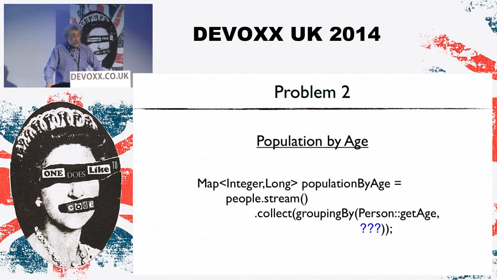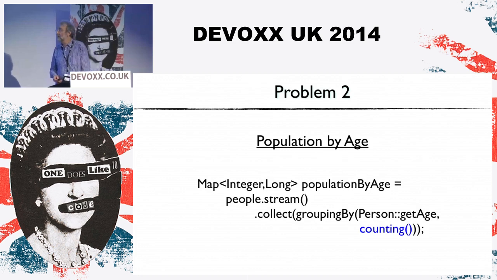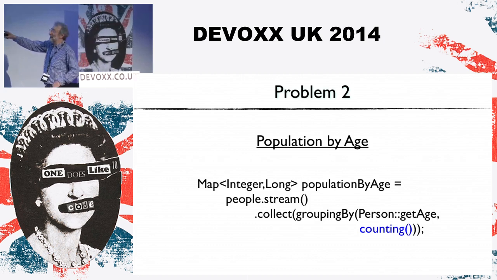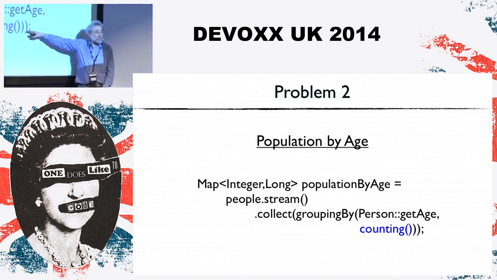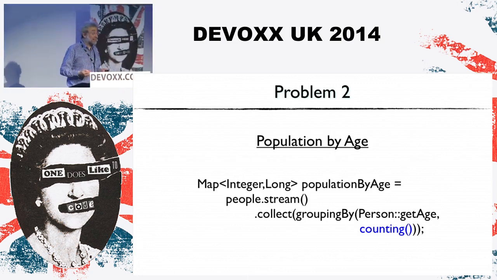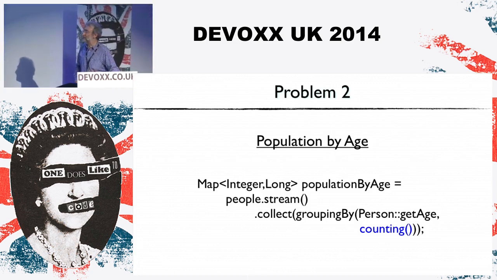Okay, so we know there's a stream reduce convenience method called count, and we know therefore there must be a collector that corresponds to it. And so there is. It's called counting. It's just brilliant. How does that always work? Since we knew there was a stream method called count, then we know there's going to be a collector called counting. That's a pretty good guess.